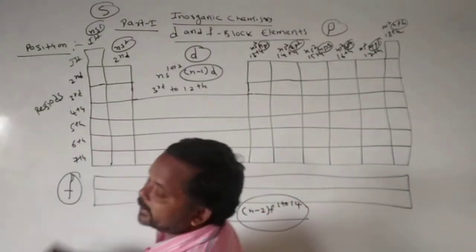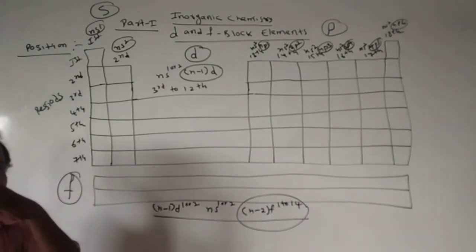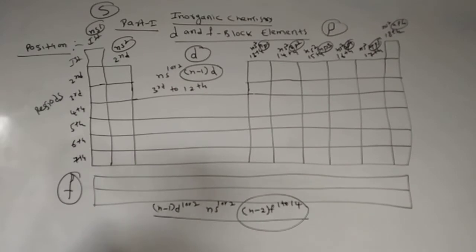Elements were classified into 4 blocks, s block, p block, d block and f block, based on the differentiating electron present in the outermost orbit.